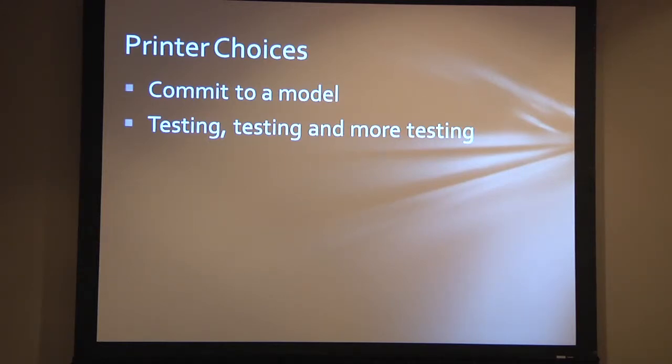By limiting the number of printer models you have, that means less testing and fewer questions for the end user, at least if they're internal and on-site in your organization. And regardless of the path you take, whether you're dealing with 10 new models a week or 10 new models a year, you want to test and test and test all of your applications so there are no surprises when the users start printing to that printer.